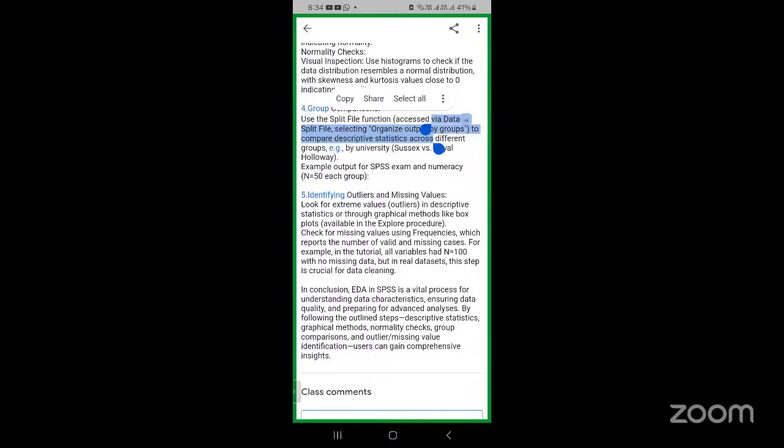Therefore, you have to use the EDA technique. If you use the EDA, then you will be able to decide whether you will follow the parametric statistics or the non-parametric statistics. Okay.